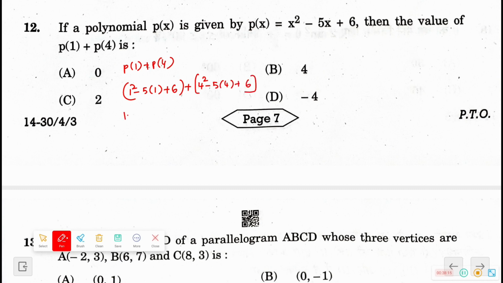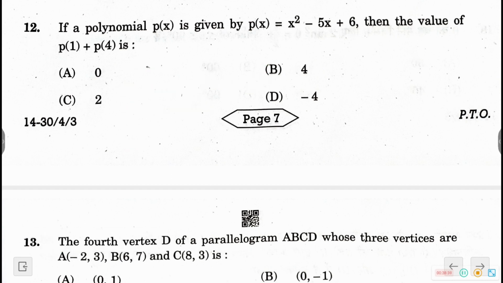So that is 1 minus 5 plus 6 plus 16 minus 20 plus 6. 1 minus 5 plus 6 is 2, and 16 minus 20 plus 6 is 2, so 2 plus 2 is 4. So option B is correct.